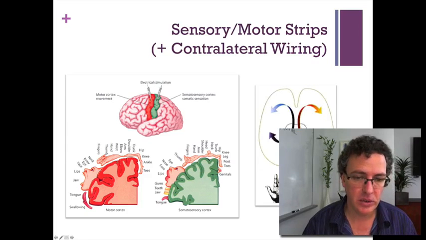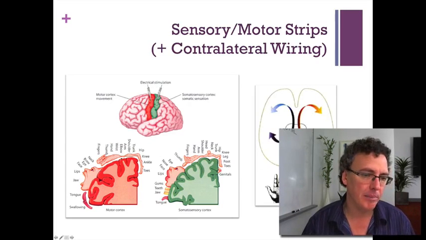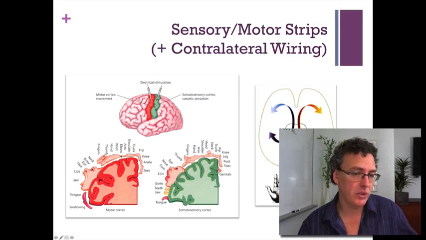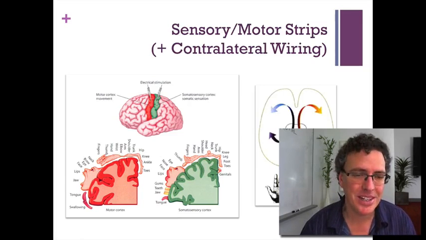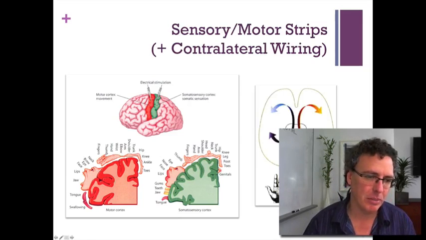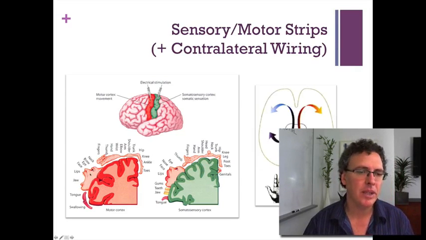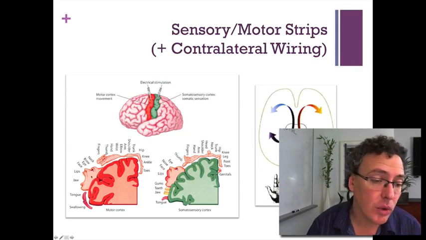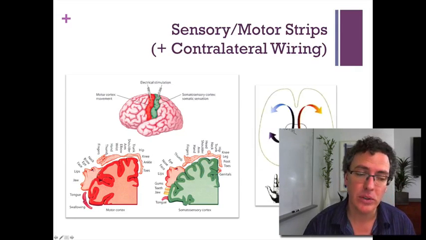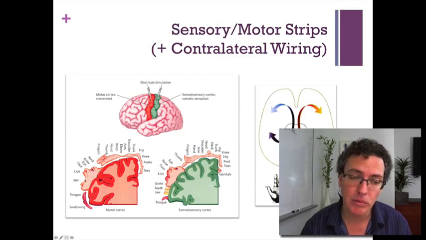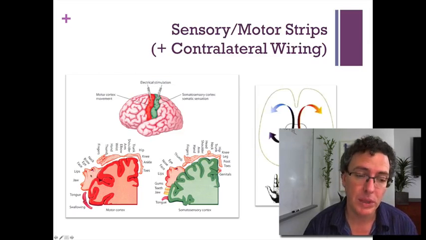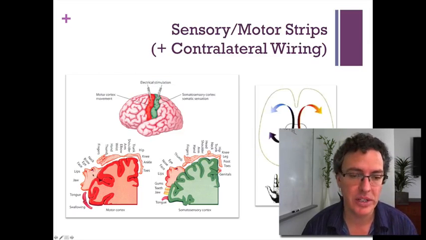And so you see, I made a big deal out of the elbow. There's not really an elbow on the sensory motor cortex because there's no sensory tissue devoted to it. But there is an elbow here, small, not a lot of tissue. The elbow doesn't do much. It basically bends. But there's a bit there. But again, the hands, the mouth, the face, the tongue, those areas get a whole lot of cortex devoted to them because we're actually doing very rich, complex movements with both our hands and with our faces.